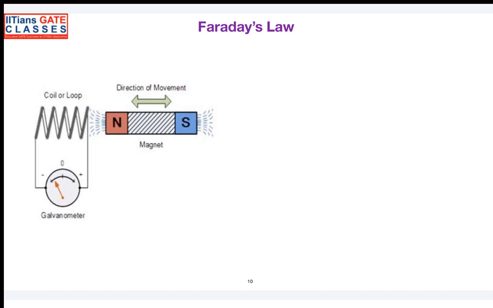Faraday's law says that whenever you move the magnet to and fro, there is a continuous change of flux with respect to time. There will be a magnetic field disturbance changing with time, and that change in flux creates some voltage in this loop. Mathematically, the voltage induced in the loop is nothing but the rate of change of flux with respect to time.